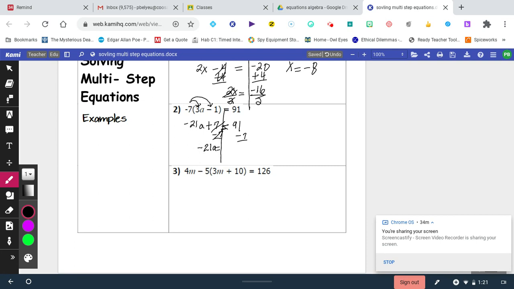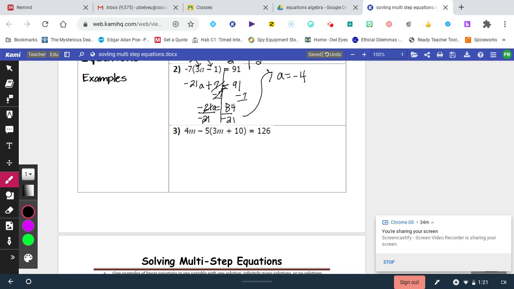And then when you do 91 minus 7, you end up with 84. The opposite of multiplying a by negative 21 is dividing by negative 21. Remember, don't ever change the sign when you're doing multiplication or division with equations, okay? So a is equal to negative 4, and that's that.